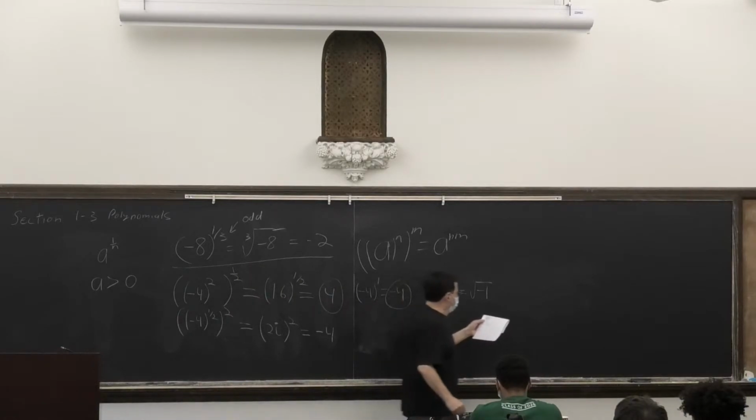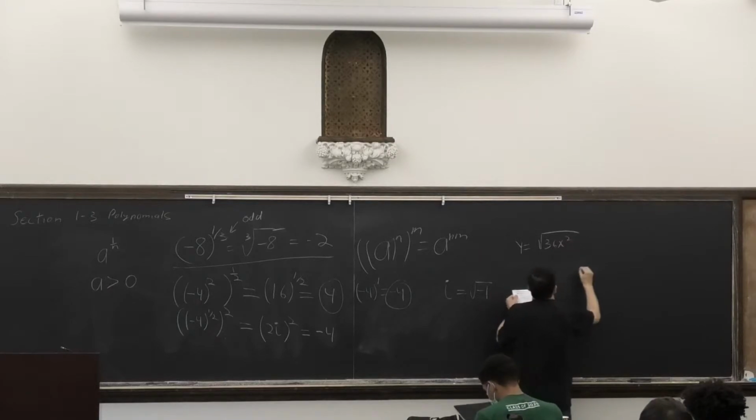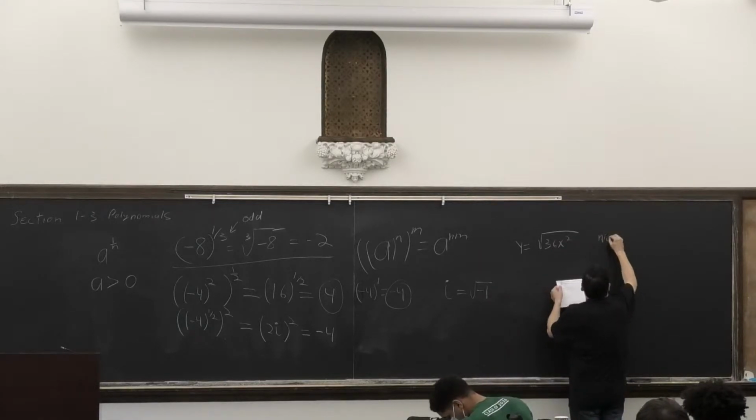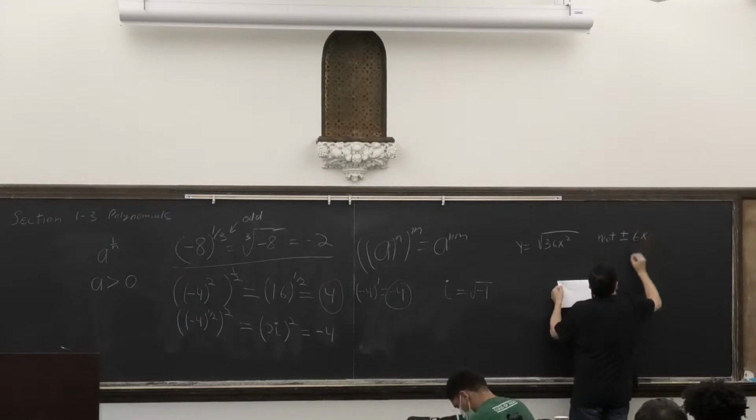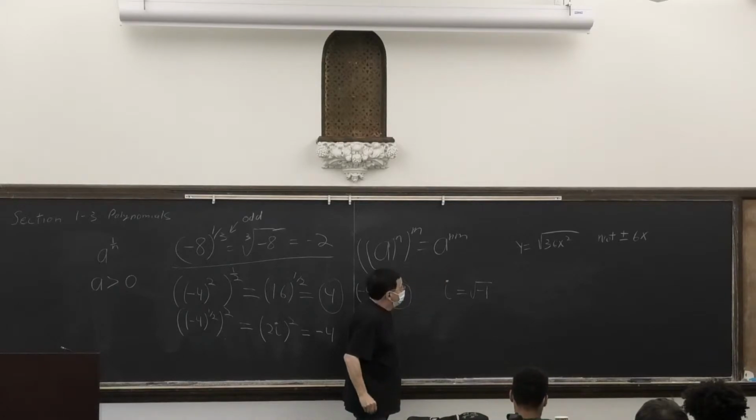There was this question: y equals square root of 36x squared, why is it not plus or minus 6x? That was the question. Why is it not?